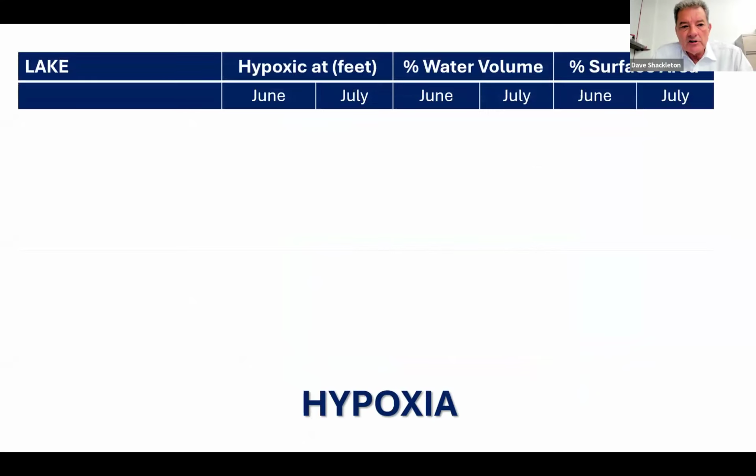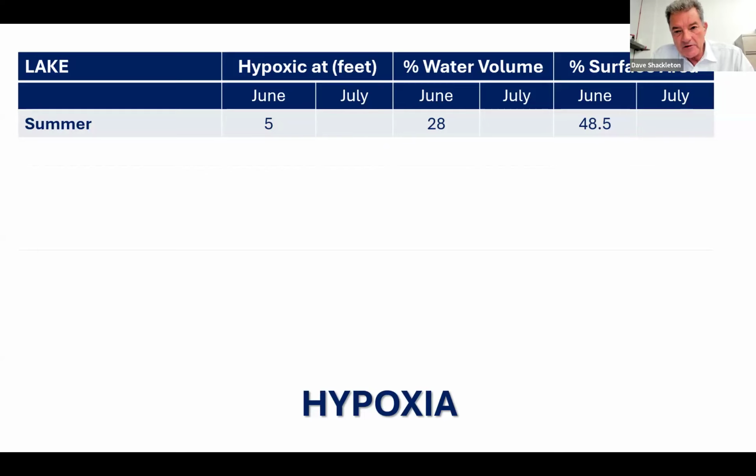In order to test the hypoxia, measure it, we, in June, came with our DO meters and tested each lake. And this is what we'll see. In Summer Lake, maximum depth is about 10 feet. It became hypoxic at 5 foot of depth. And at 5 foot, that is 28% of the water volume and 48% of the surface area.